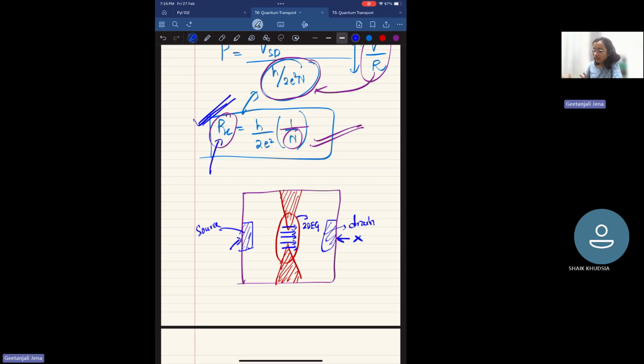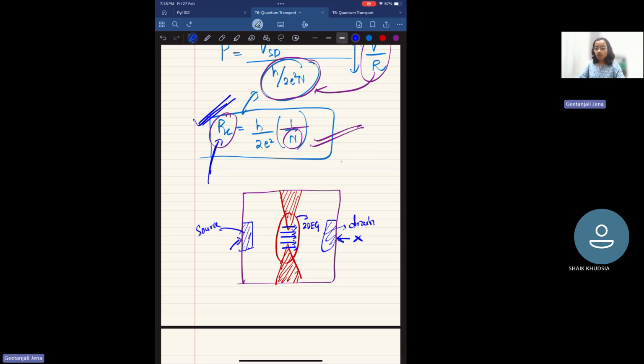So when the 1D channel interacts with the modes supported by the 2D electron gas, there will be scattering, and because of that we see a non-zero resistance, which we call the contact resistance. So this is the overall physics of getting finite resistance in the quantum point contact.